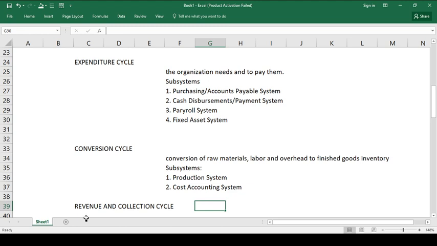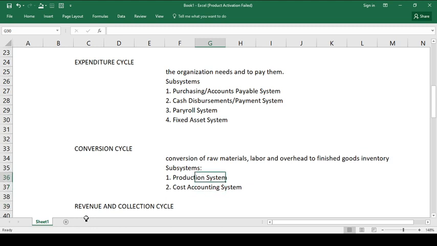These are the most common transaction cycles that happen in a business organization. This is very important, guys, because once we know how the data and documents of each cycle flow, it will be easy for you to understand the audit processes.